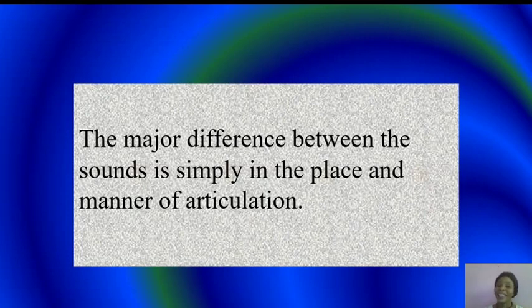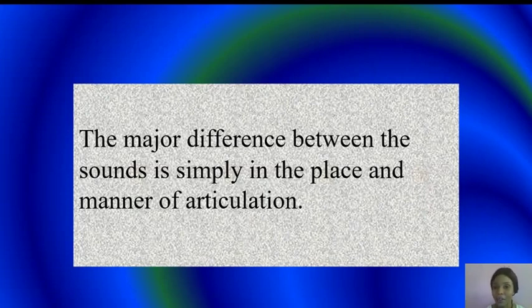Now, like I said earlier, the difference is simply in the place and manner of articulation. The place of articulation is what speech organs actually come together to form an obstruction or to make it possible for us to produce the sound.